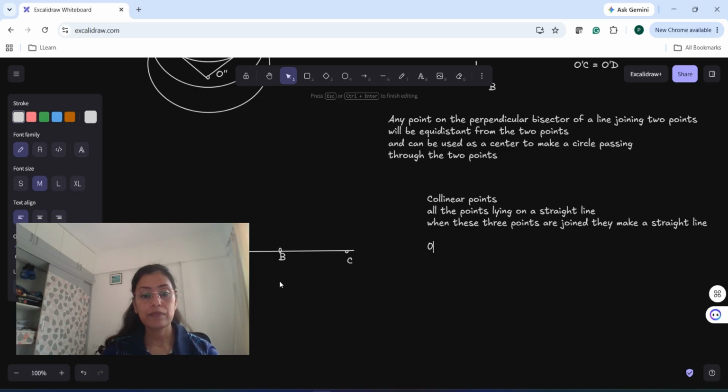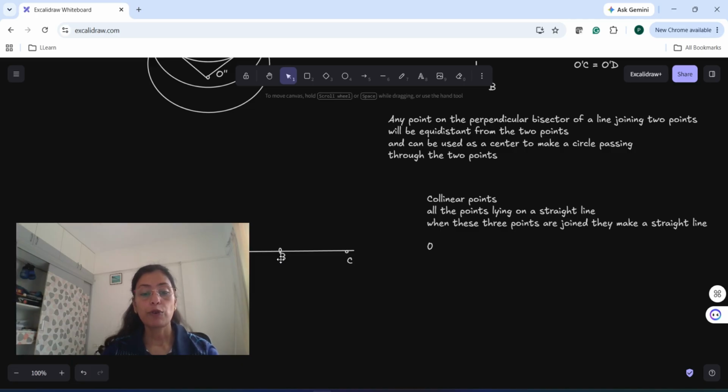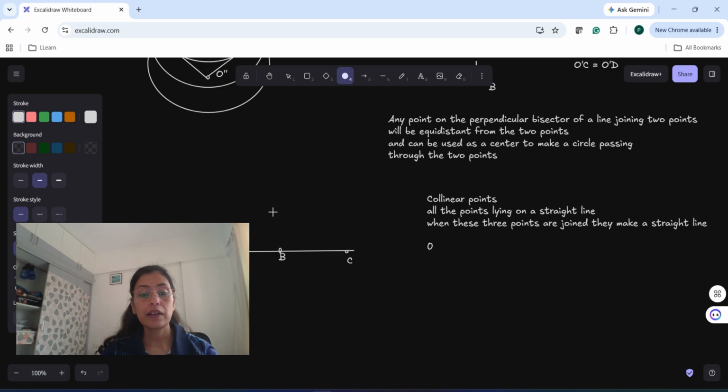Because you cannot find a point which is equidistant from all these 3 points. You can't find a point which is at an equal distance from all these 3 points. For example, I say, okay, I'll take a point here.